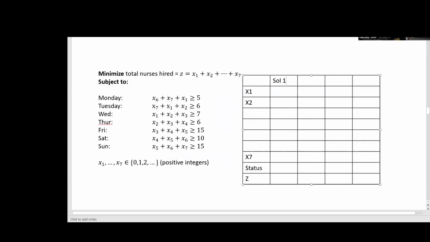Solution 1, solution 2, and so on. Let me just try a few things. So I think one of the solutions that you shared was Noah's intuitive answer.